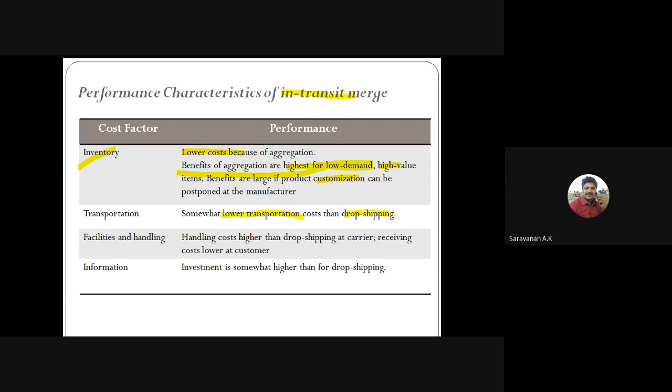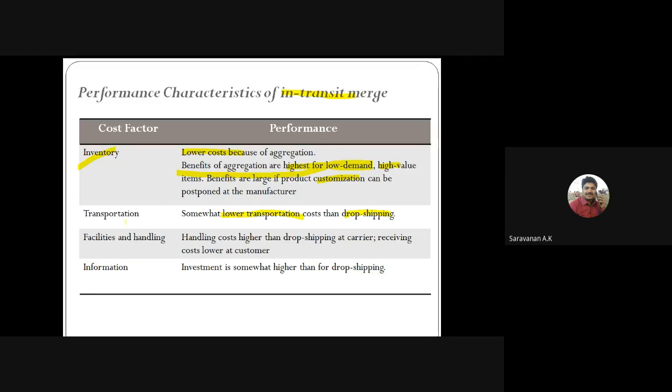Then the handling cost is higher than the first one. Why? Because in the first case, the manufacturer directly shipped the product to the customer's end. Here, they have an intermediate facility, the in-transit merge. Some employees are there and some service is provided, so that cost has to be charged to the customers.